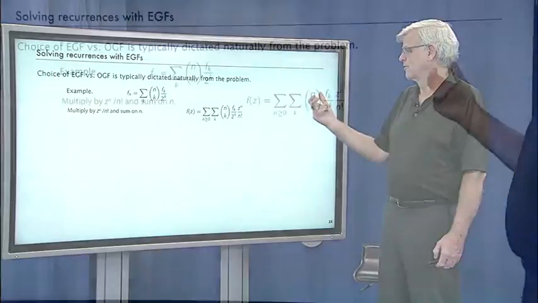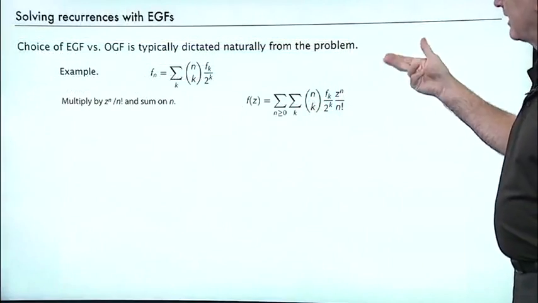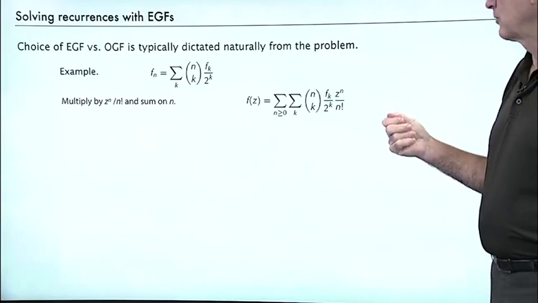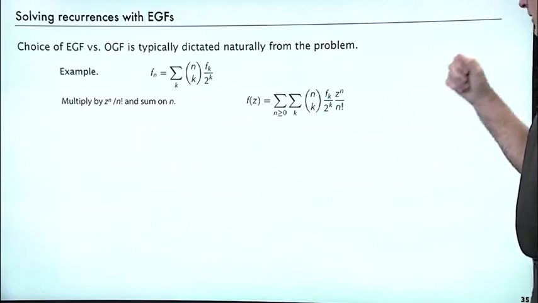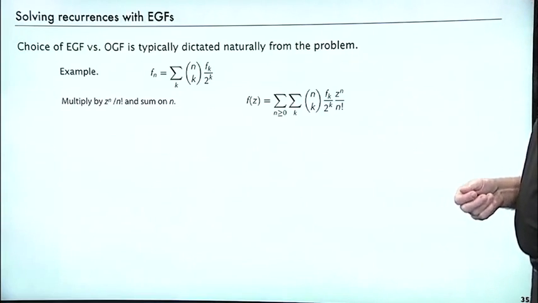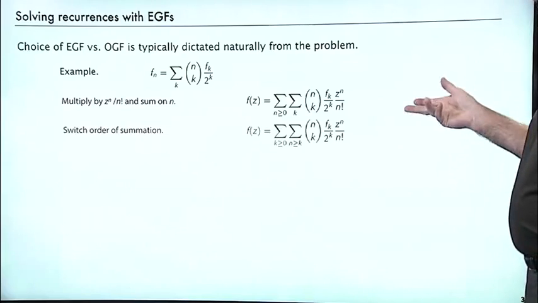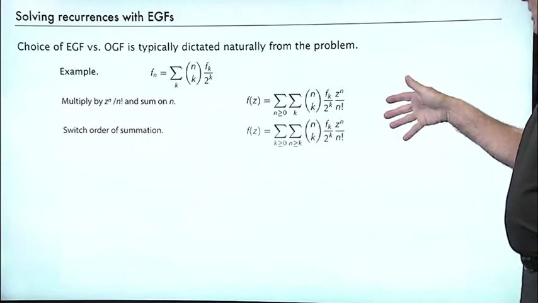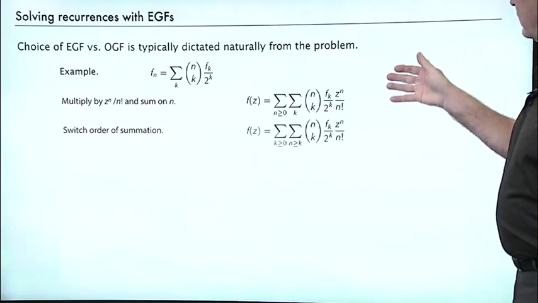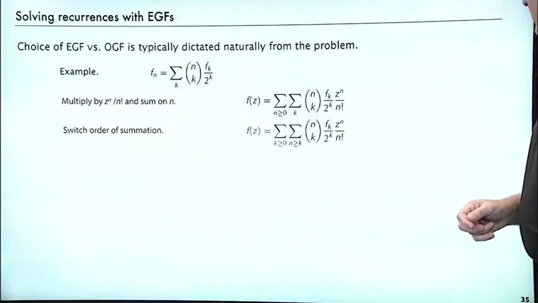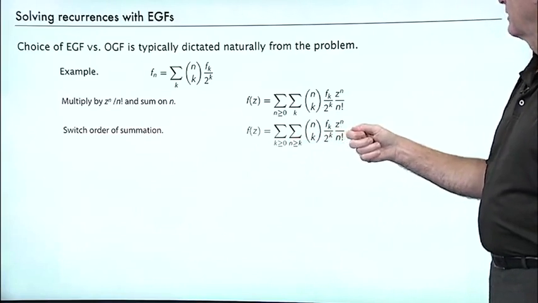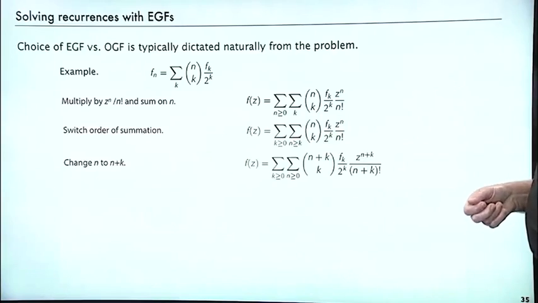Exponential generating functions, we'll use the same rule, except we make an exponential generating function. So that is multiplied by z to the n over n factorial and sum on n. Then on the left-hand side, we get f of z, and on the right-hand side, we get a double sum. And then what we're going to wind up doing is kind of working backwards from the convolution that we just did. So switch order of summation on that. That's just switching the sums and keeping, now if it's all k, then n's got to be bigger than k.